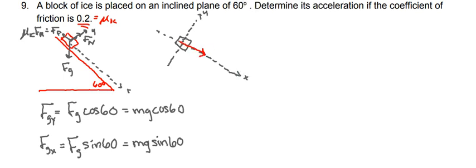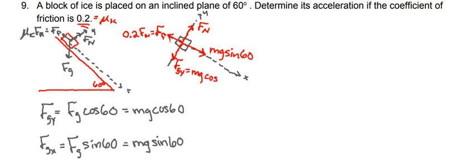We have mass times gravity, 9.8, times the sine of 60. And then in the negative direction, we have the force of friction, which is equal to 0.2 times the normal force. Here we still have normal force. And then this direction, we have the force of gravity in the y direction, which is mg cosine of 60.